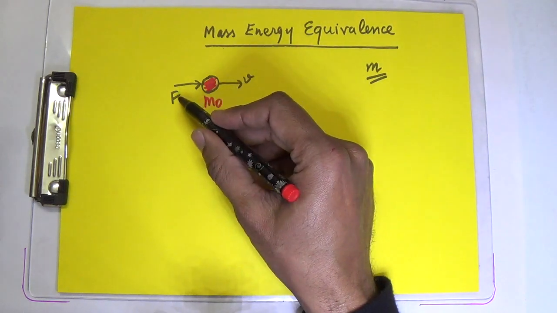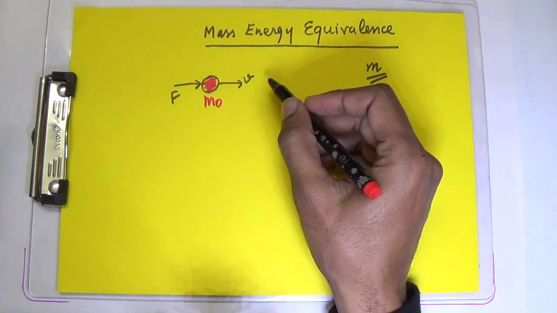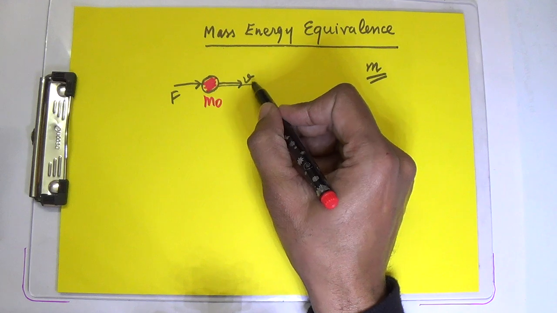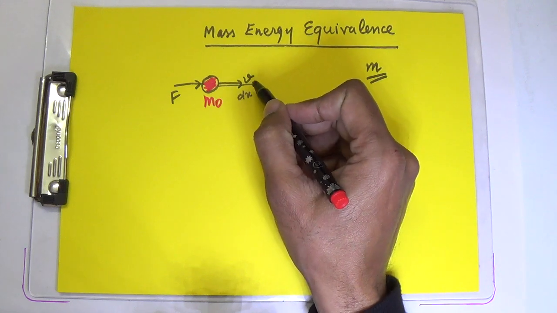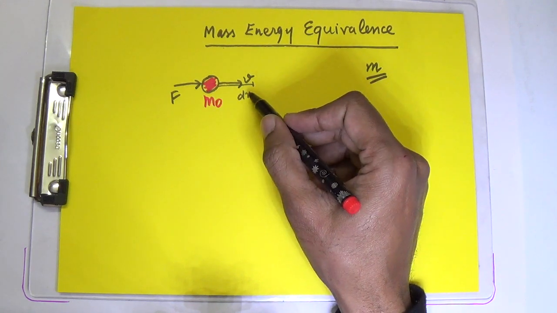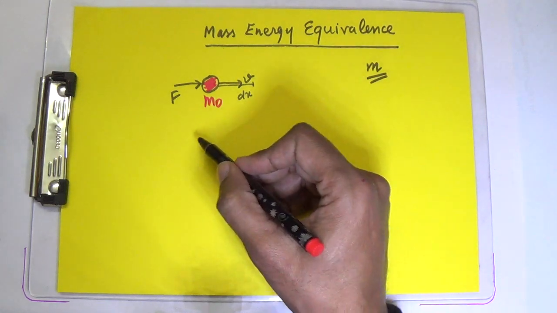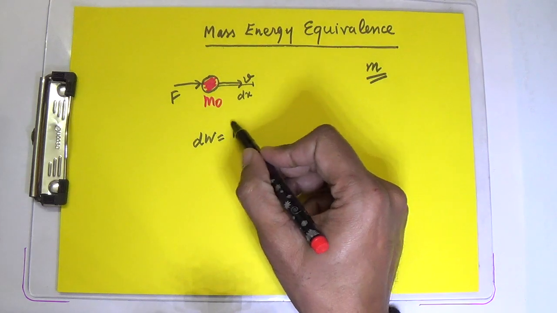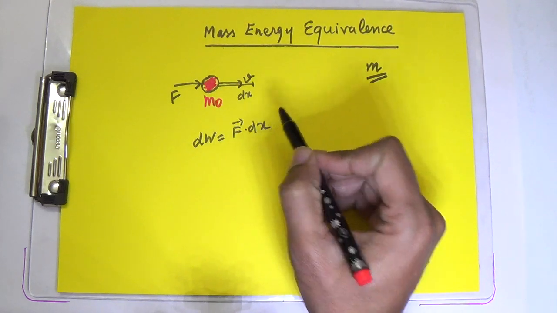If by the force F this particle is displaced a small distance, suppose that is dx, then the work done on it can be defined as dW is equal to F dot dx.